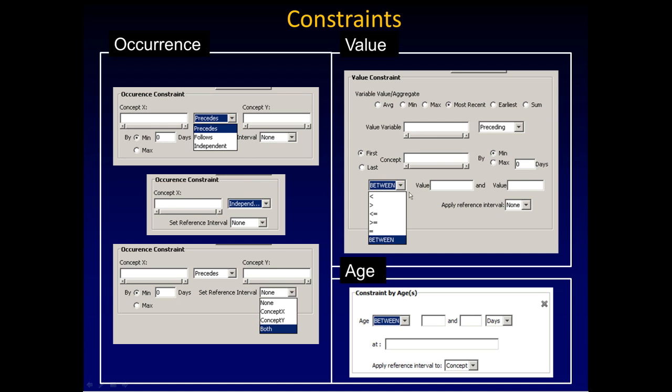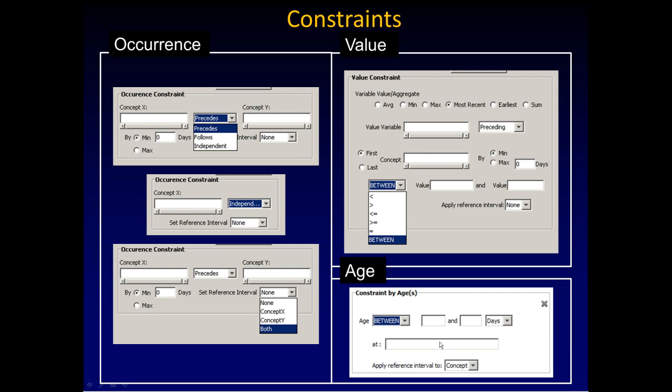And finally, they can set the value for that. And in this way, you can define populations of people based on the value of lab tests or answers to particular questions that actually use the value of the fact rather than just the presence of the fact.